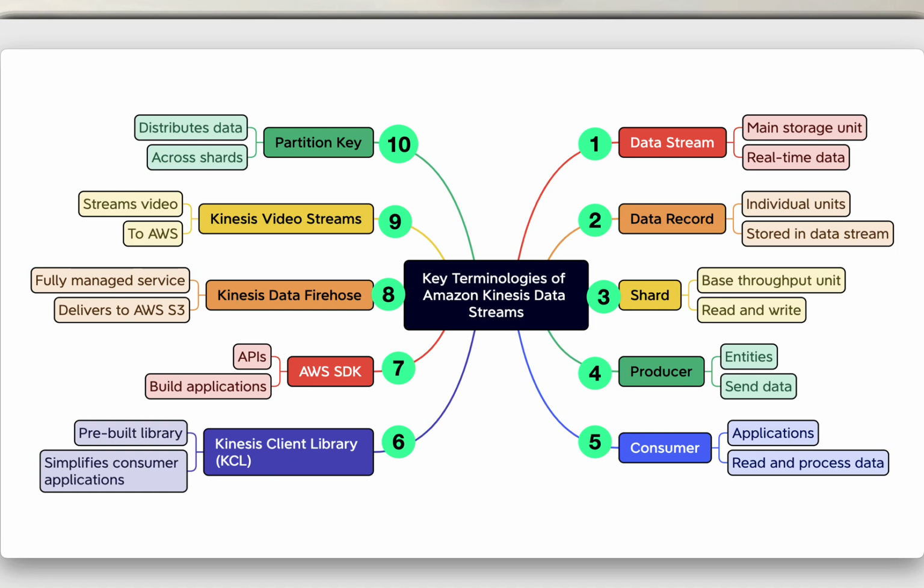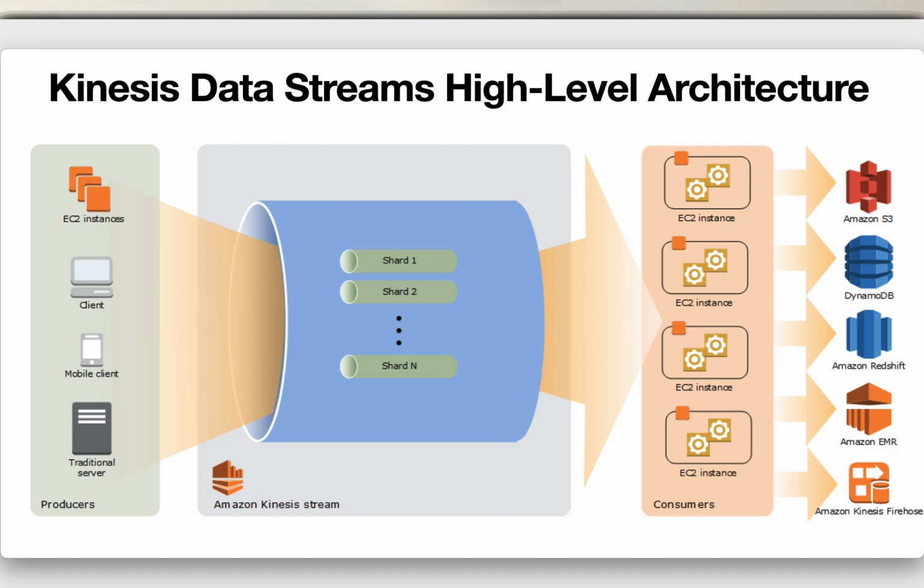Partition Key: used to distribute data across shards when adding data to a Kinesis data stream. The producers continually push data to Kinesis data streams, and the consumers process the data in real time. Consumers, such as a custom application running on Amazon EC2 or an Amazon Kinesis Data Firehose delivery stream, can store their results using an AWS service such as Amazon DynamoDB, Amazon Redshift, or Amazon S3.